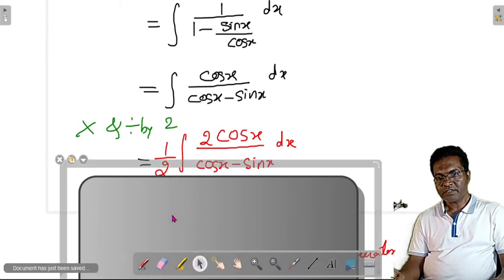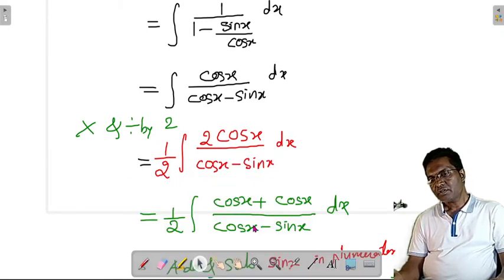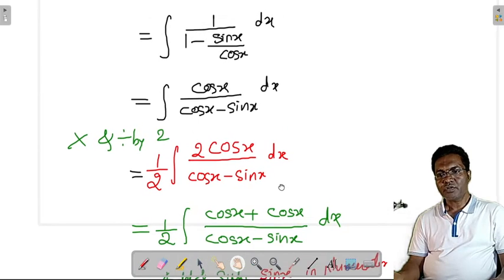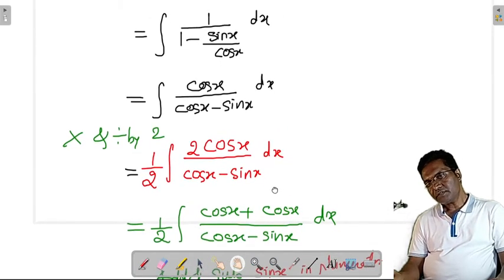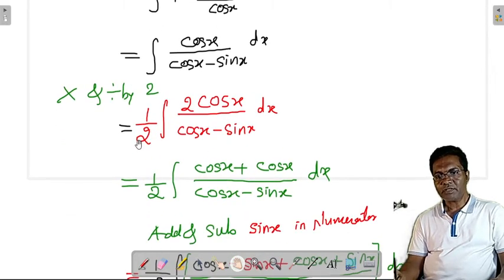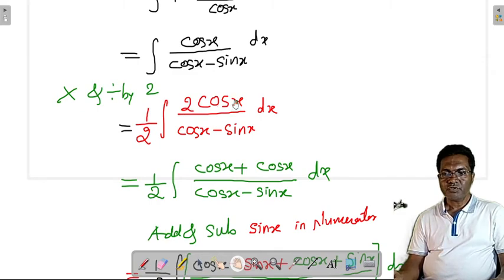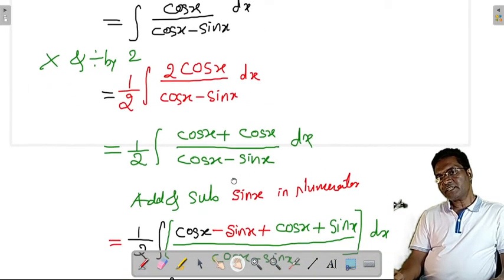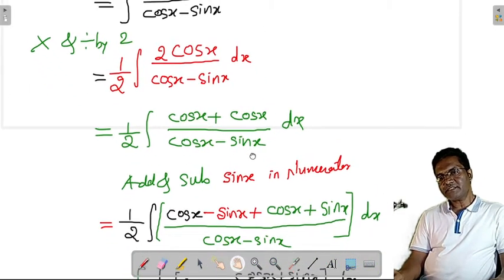Just go on watching. As earlier, multiply and divide by 2, so you'll get 2 cos x, with 1 by 2 outside. So 2 cos x can be written as cos x plus sin x, by cos x minus sin x as it is.